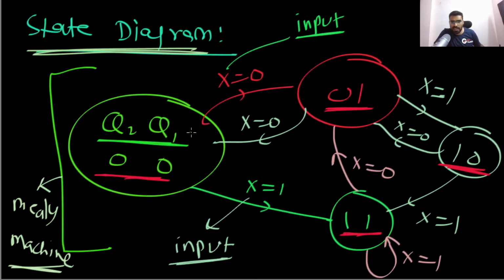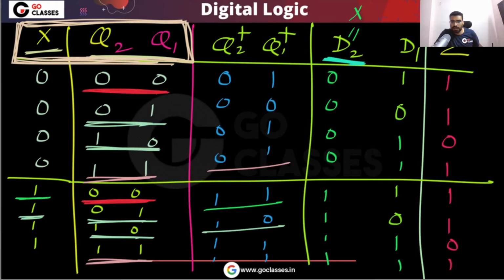We have seen the state diagram. Now you also tell me the next state equation. First, tell me the output equation.